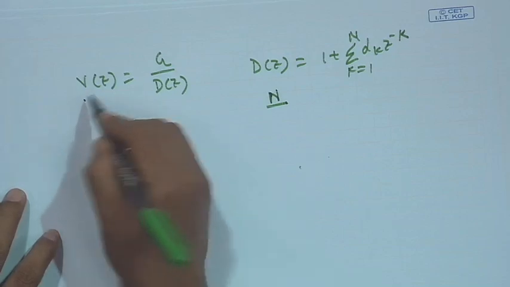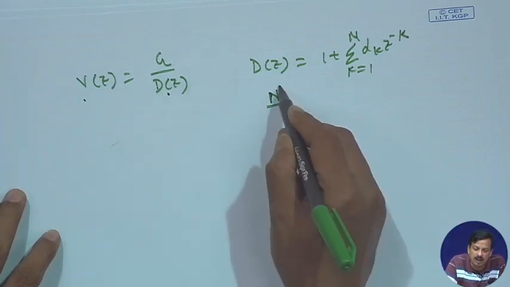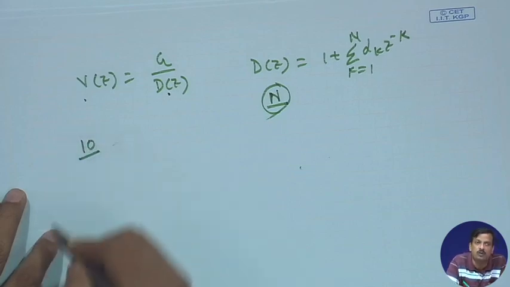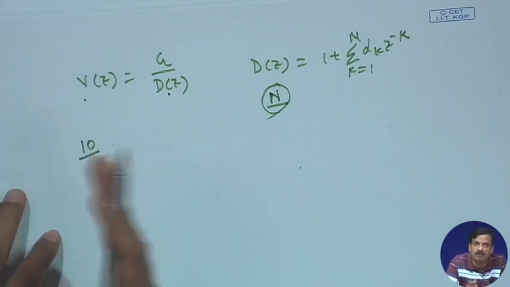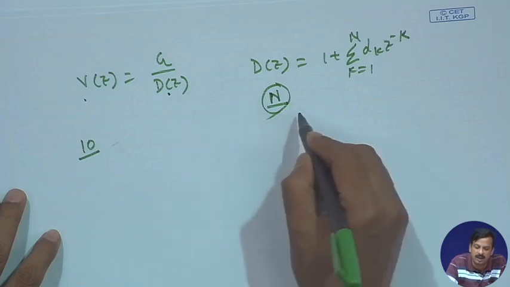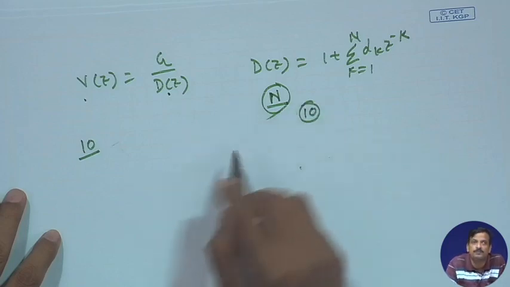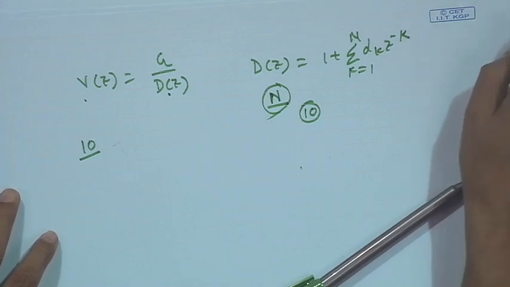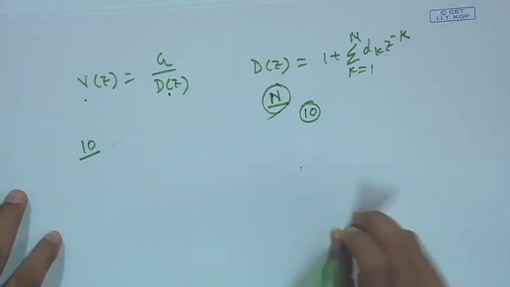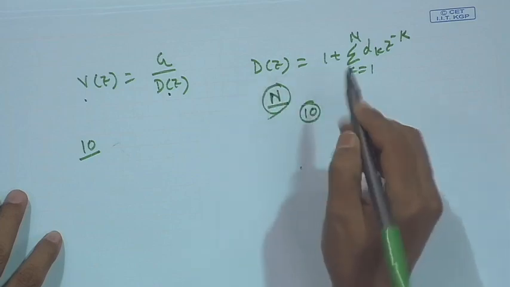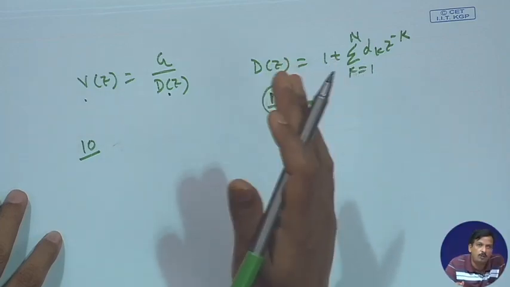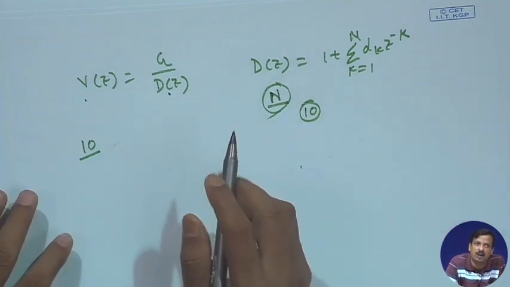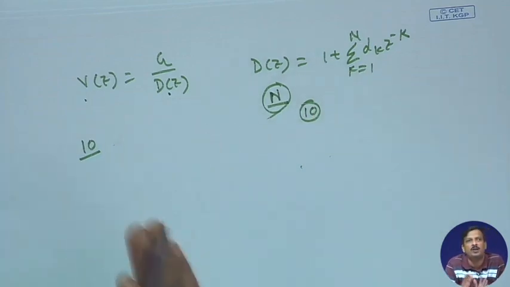So, I can say Vz is an all pole model which has n number of poles. So, if I have a 10 section tube, then 10 poles will be there. Now, if Dz is real, then the poles will either be real, or all the poles will occur as complex conjugates in nature.